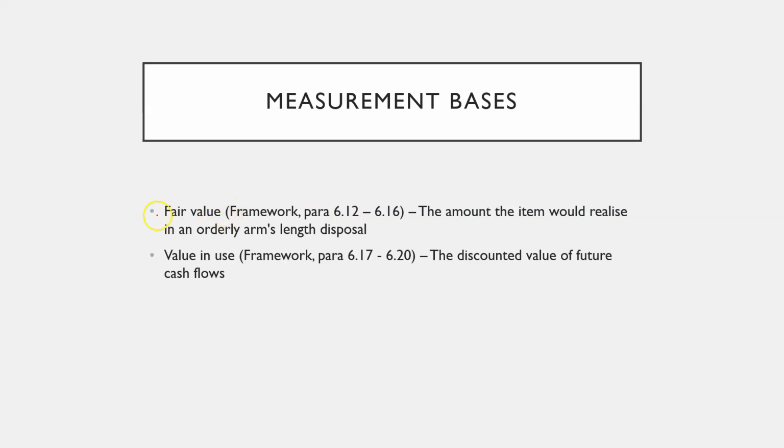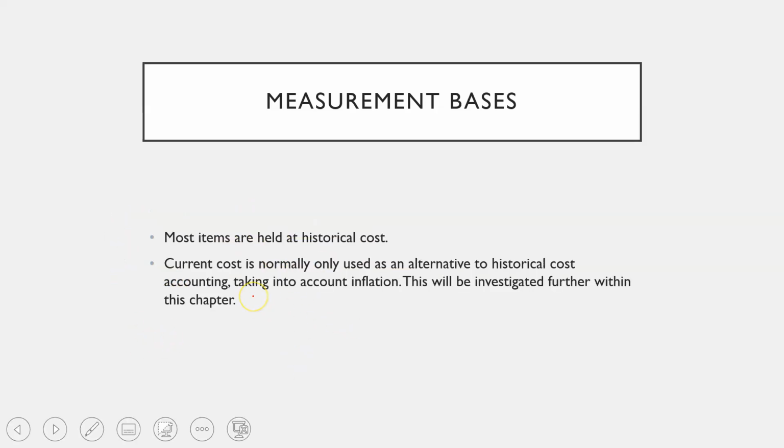We discuss fair value, if you like, and value in use, which we saw at impairment when we talked about that. If you remember, when we talked about recoverable amount, and we saw a bit of that there. So, like I said earlier on, we'll start off with this idea of looking at measurement bases. Most items are held at historical cost. This was the initial concept that we've always had.